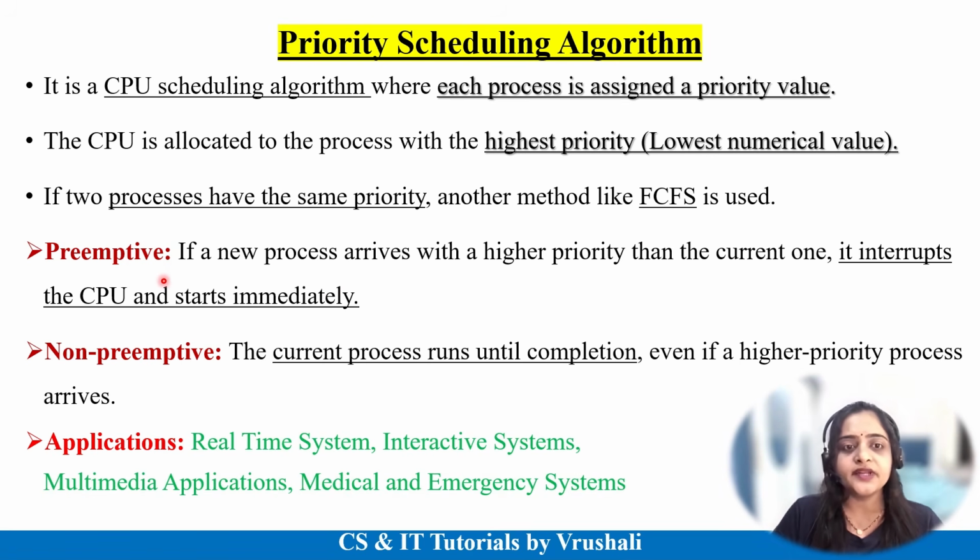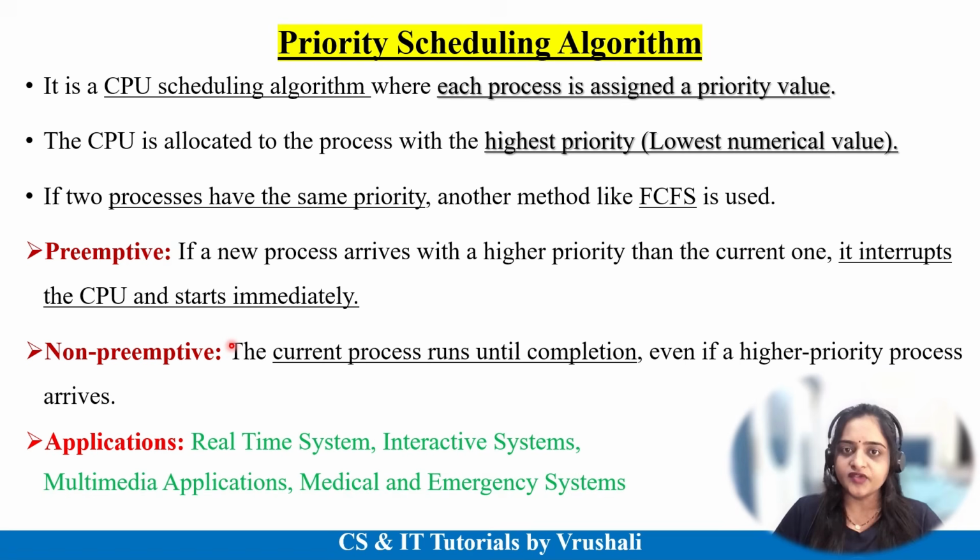This is called preemptive scheduling. On the other side, in the non-preemptive approach, suppose the CPU is executing process 1 and some higher priority process comes. The CPU still executes process 1, completes its execution, and only after that executes process 2. Means one by one they execute a particular process. This is called the non-preemptive approach.